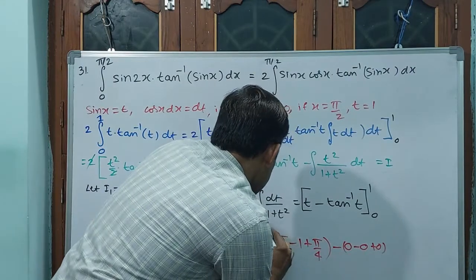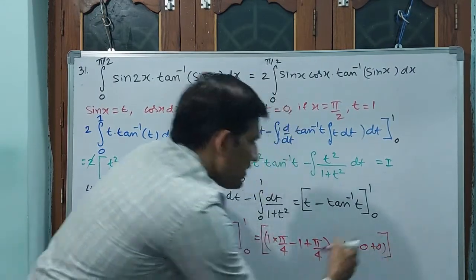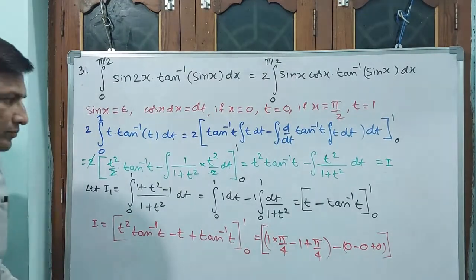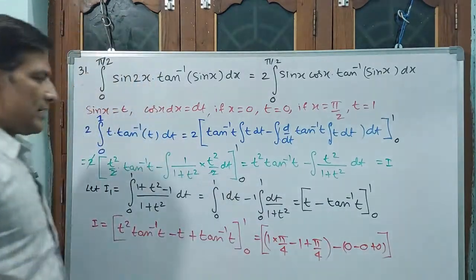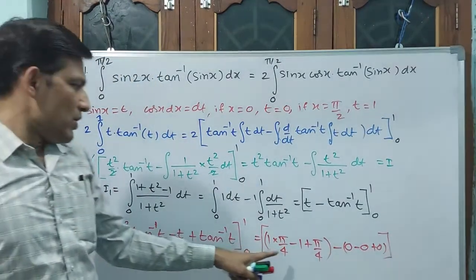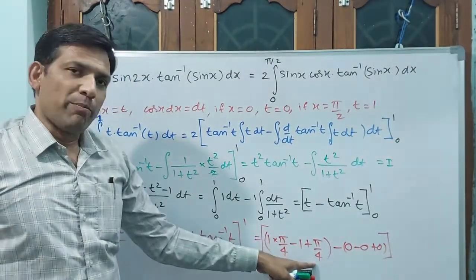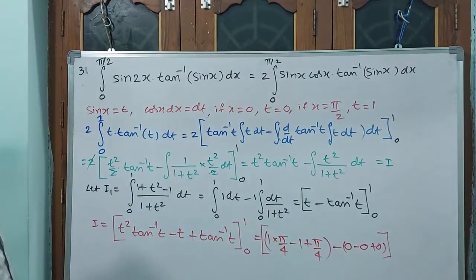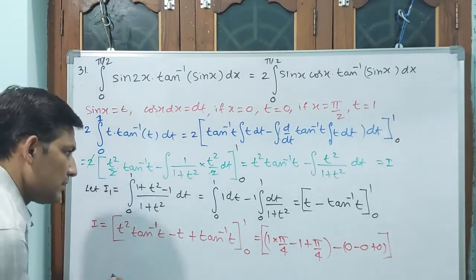That means you need not take that minus thing. Okay, now come back again. This is 0, you need not consider, but here you see pi by 4 plus pi by 4, pi by 2 minus 1. Write down. Pi by 2 minus 1.